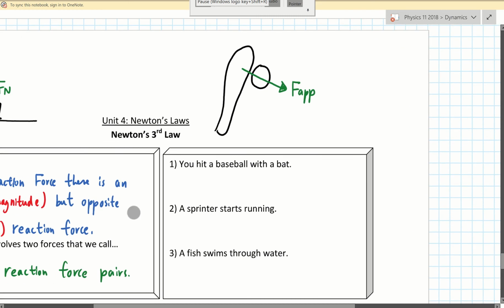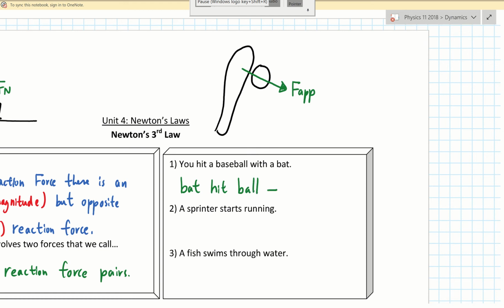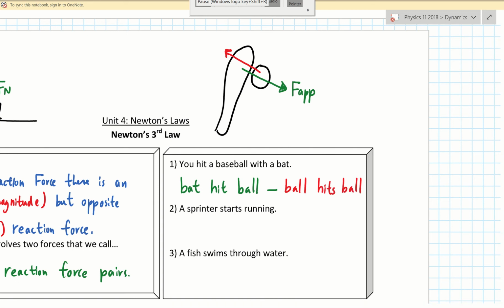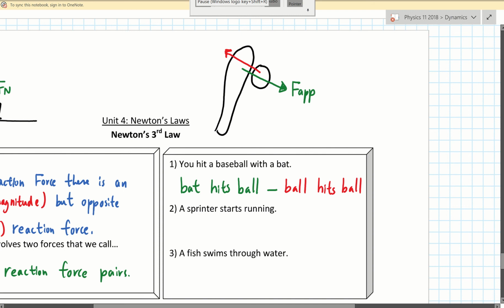So you have your action here, which is the bat hitting the ball. Then what is the reaction? The reaction is that the ball actually hits the bat too, if you take the opposite point of view. So the bat hits the ball, or the ball hits the bat, depending on which way you look at it.